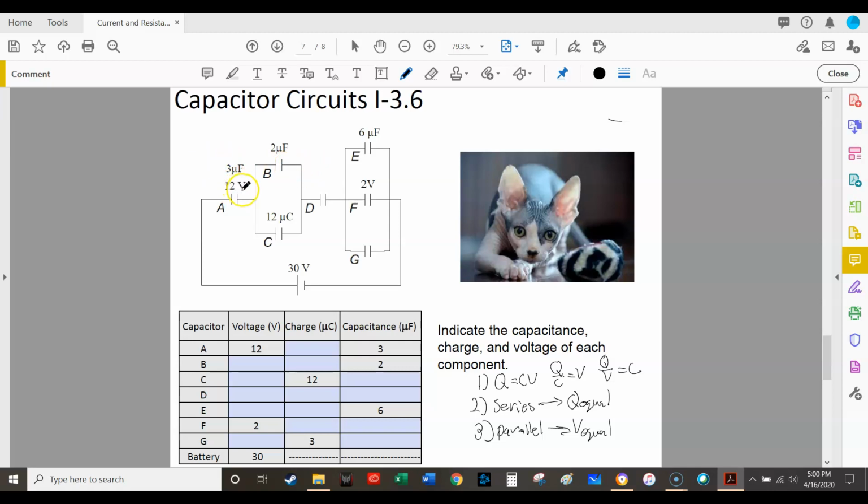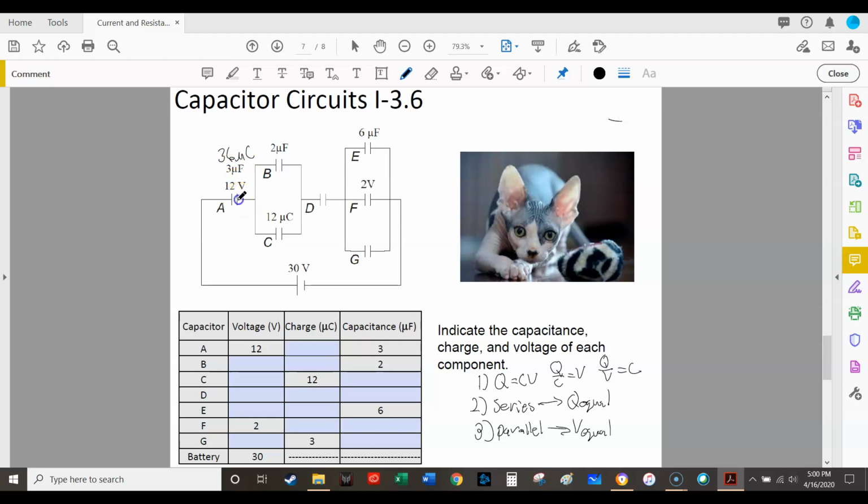So I have a voltage and a capacitance, and I'm going to multiply those together to see how much charge this is getting. So this is going to be 36 microcoulombs. Charge, Q, is in microcoulombs.